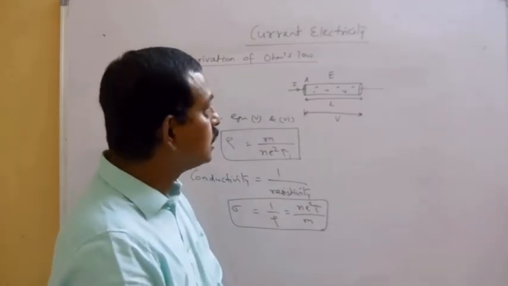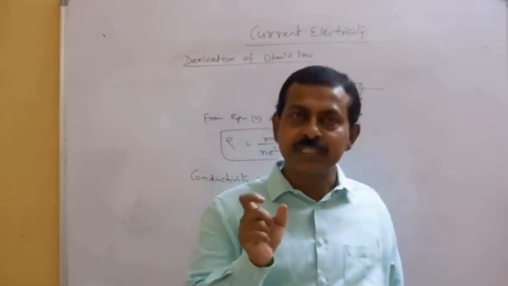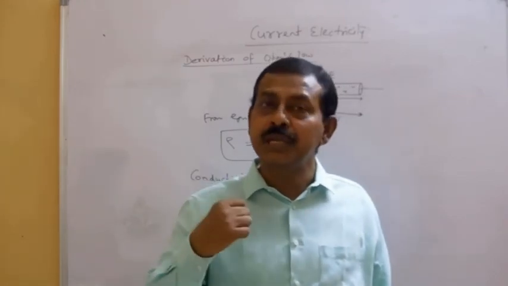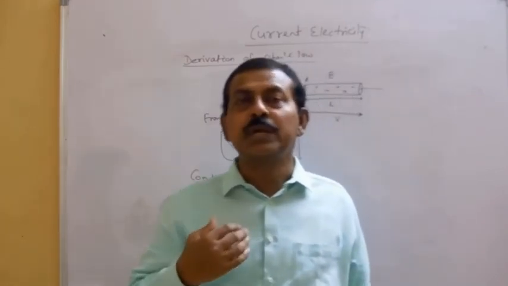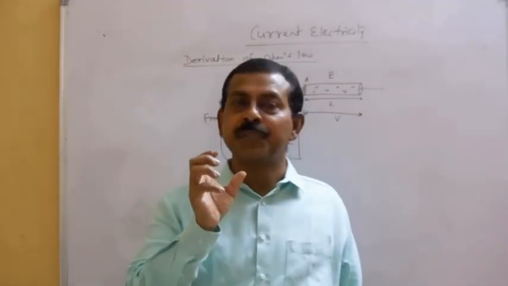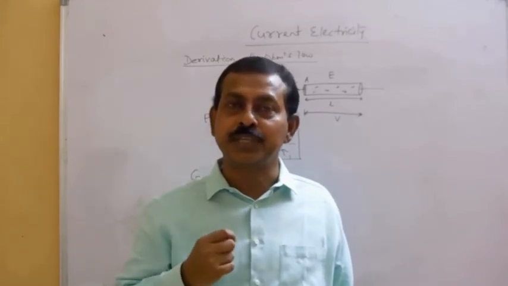So this was the derivation of Ohm's law, and we have done it up to different stages. We have derived up to Ohm's law. The same derivations you can use if you are asked to show how the resistance of a conductor is directly proportional to length or inversely proportional to area of cross section.